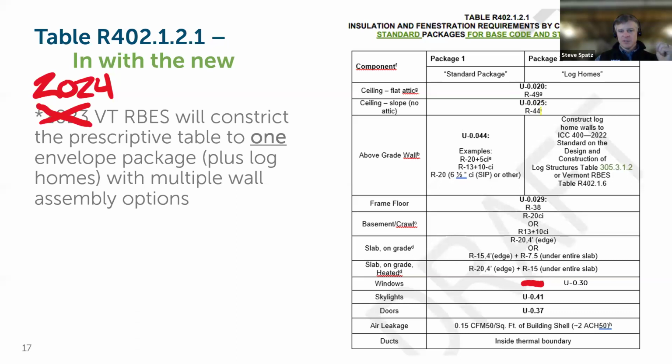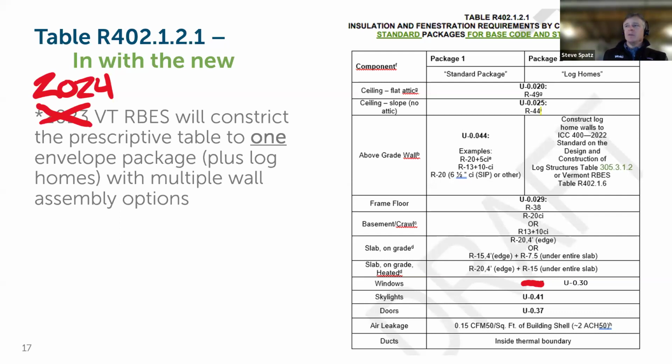So we're looking at essentially what's in this table right here for options for ceiling types, flat, slope, wall, above grade walls, basements, foundations, slabs, windows, etc. So these are the prescriptive R values and U values that are aligned with prescriptive compliance for the code.